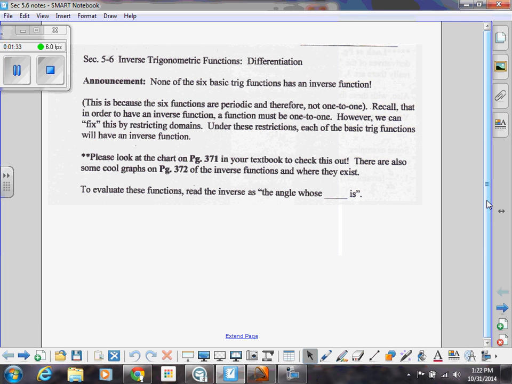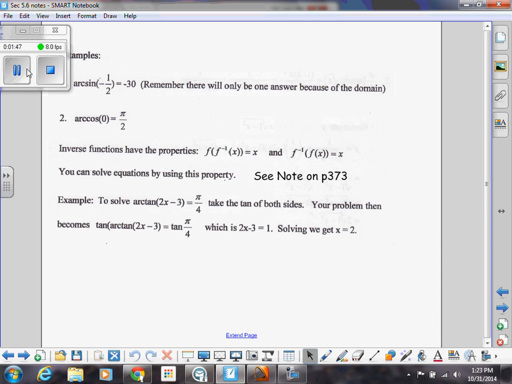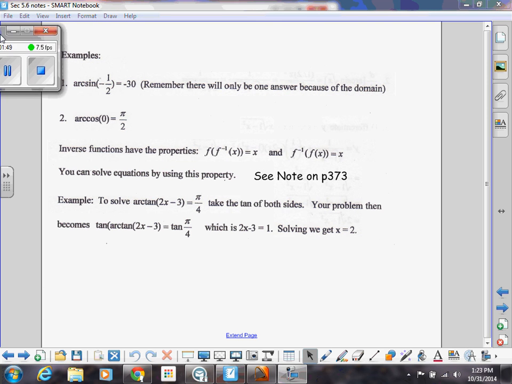When you're evaluating any kind of inverse trig function, it helps to think of it as the angle whose tangent is blank. Let's look at some examples just to remind ourselves. If I wanted to do arcsine of negative 1/2, I'm thinking what angle has the sine of negative 1/2?